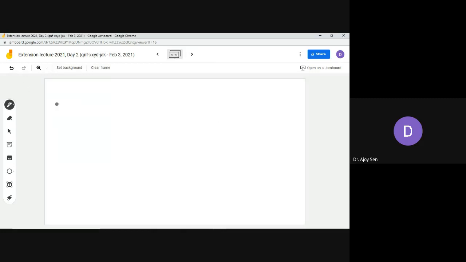Number 3, suppose M and N are both homogeneous functions of the same degree.